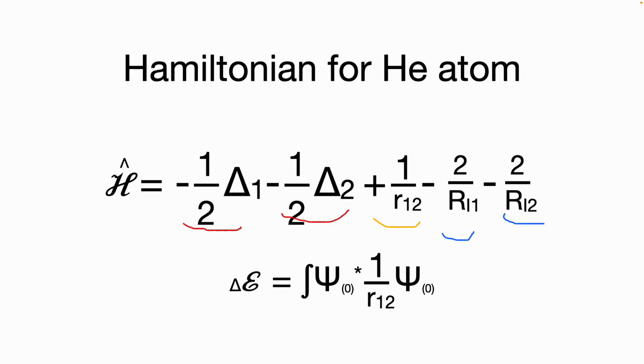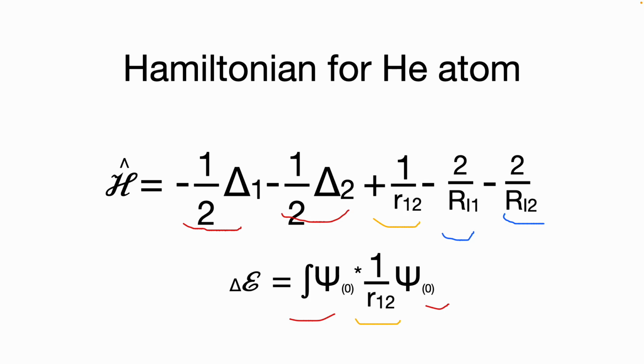Now, delta E, that is the correction to the energy, is going to be the expectation value of the perturbing Hamiltonian, which in this case is the electron-electron repulsion term, on the eigenfunction of the exactly soluble Hamiltonian, which in this case is phi 0.